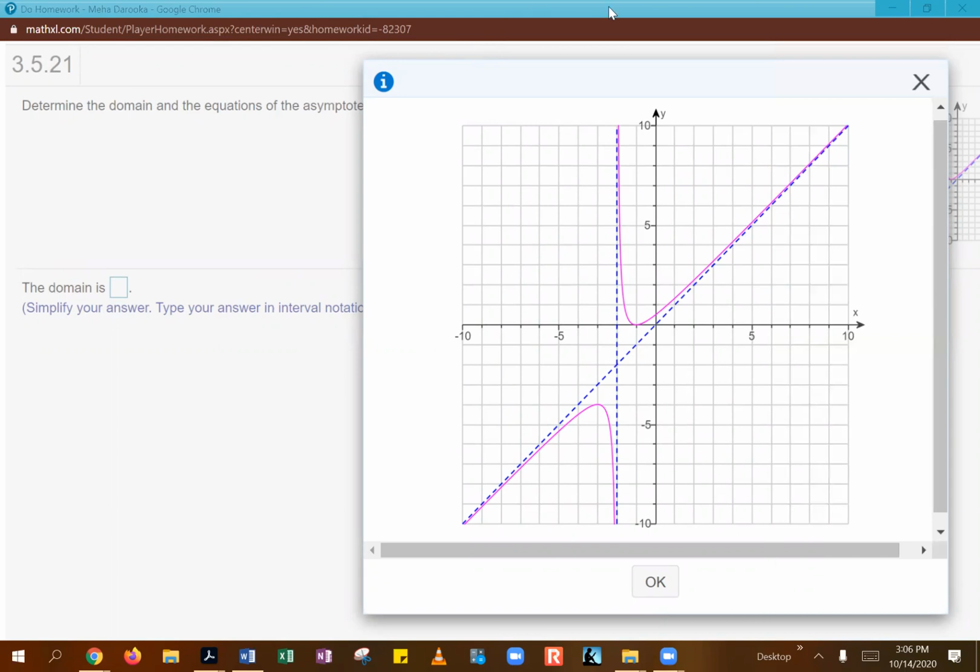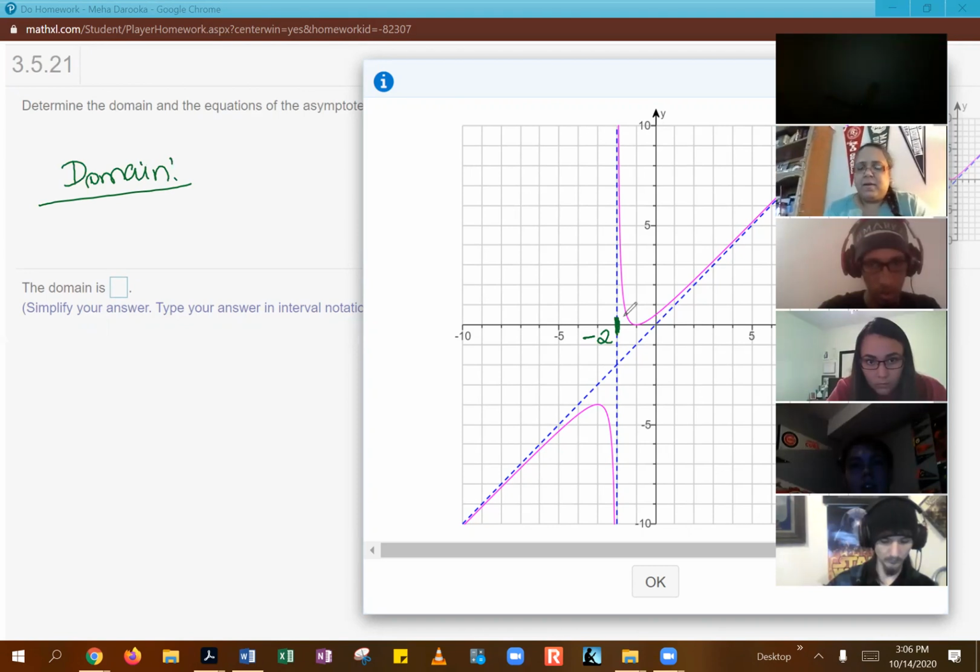So can you again tell me what the domain and the equations of these asymptotes are going to be? So just to identify this number here again, this guy is going to be negative 2. So what's the domain for this function?